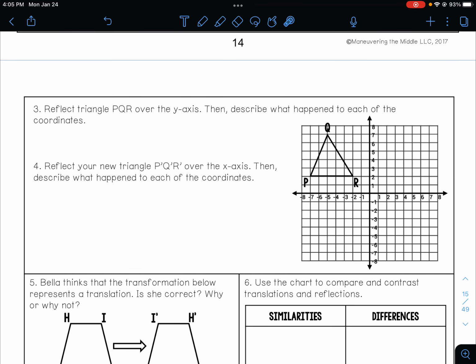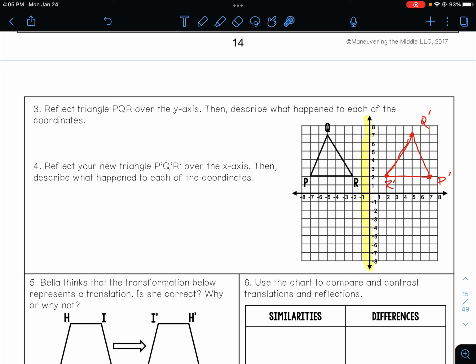And then Q is 5 to the left, so I'm going to move it 5 to the right. It's going to be Q prime. Is that 5? It is 5. All right.